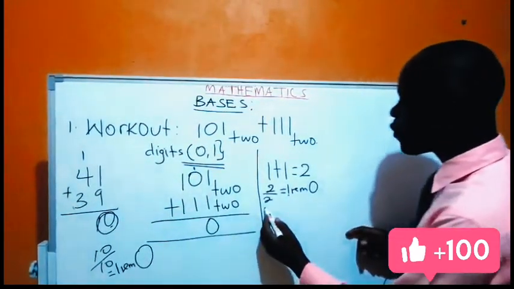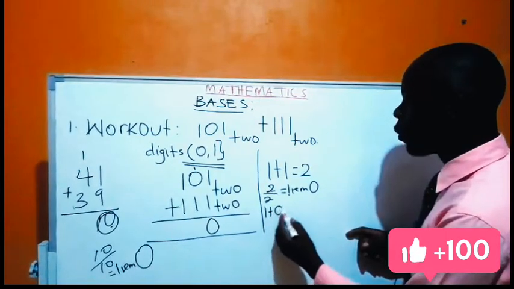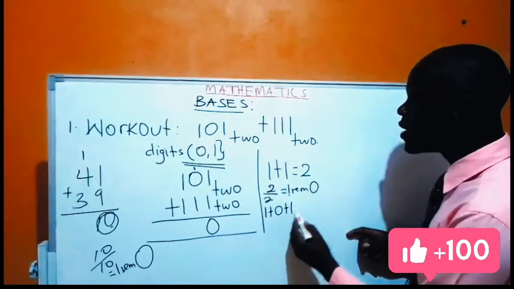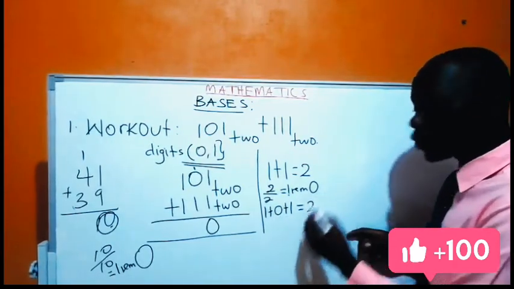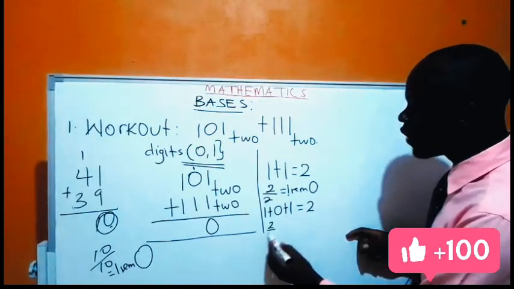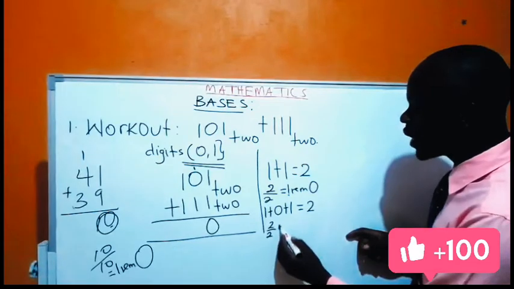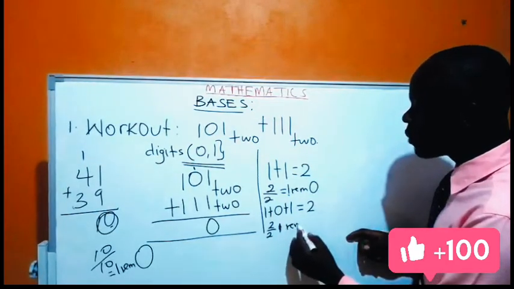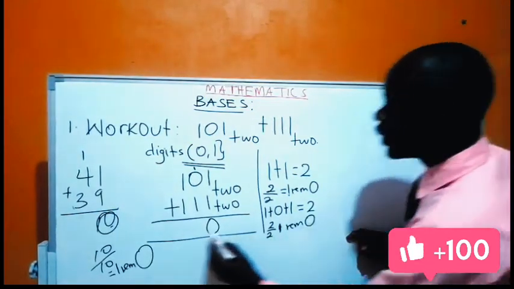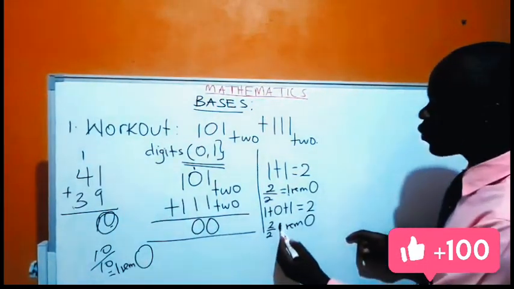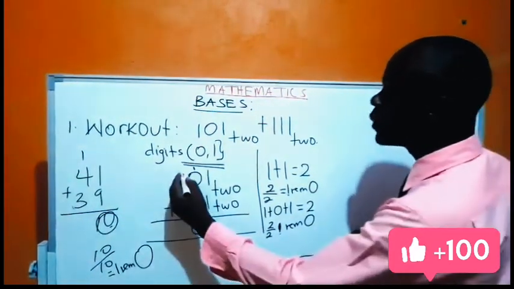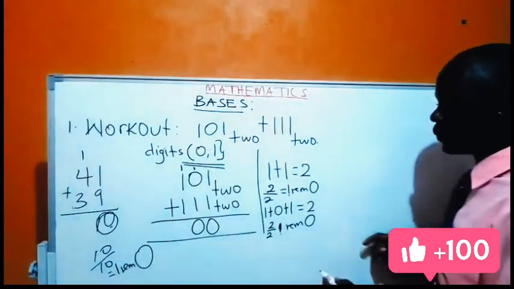So the next one, remember you regrouped 1 here. So you now have 1 plus 0 plus 1 equals 2. So this 2 divided by 2 again, you will get 1, remainder 0. The 0, you write it clearly under this place value. Then this 1 that you got as a quotient, you regroup to the next place value.